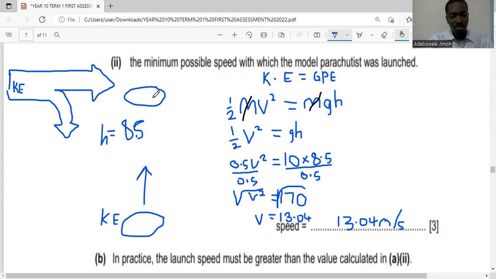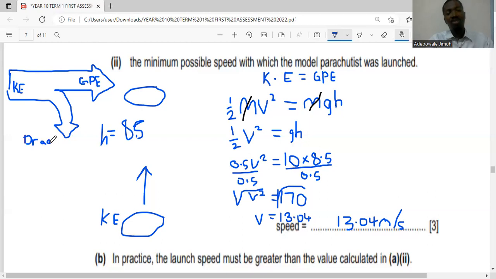And at the topmost point, it possesses some gravitational potential energy. So at the end, you have gravitational potential energy. But take note that some energy will be lost along the line. And this represents the energy loss along the line. Energy will be lost due to drag, okay? Or you call it air resistance.